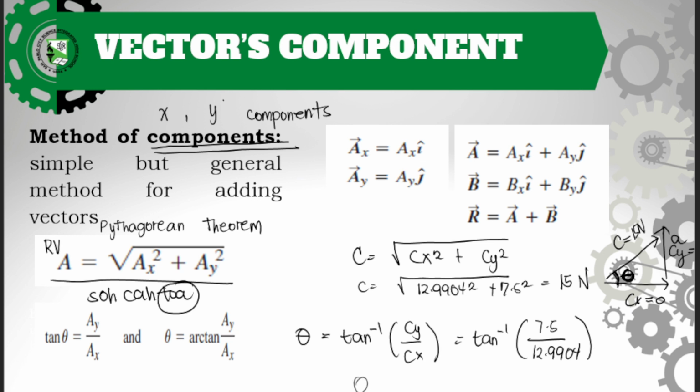So angle theta is approximately 30 degrees. That's how we get the x and y components as well as the resultant vector magnitude and direction.